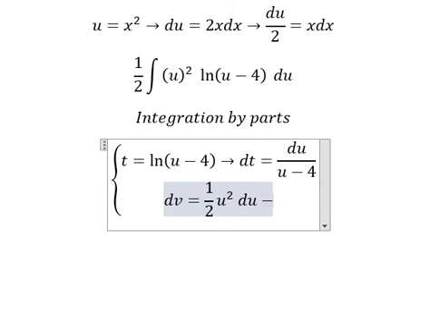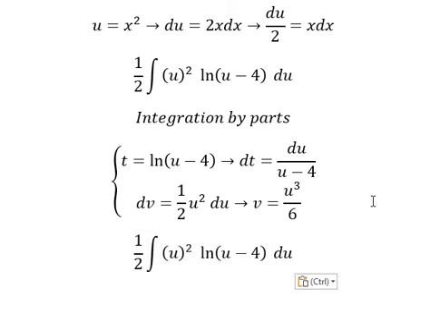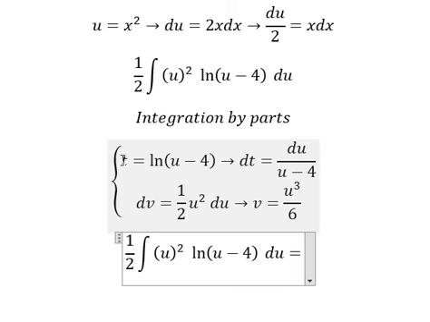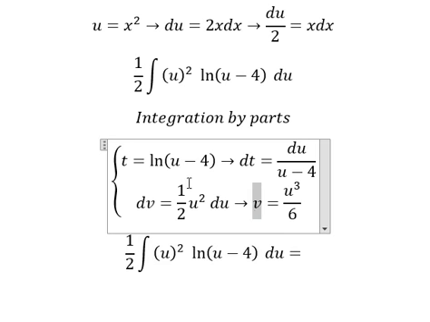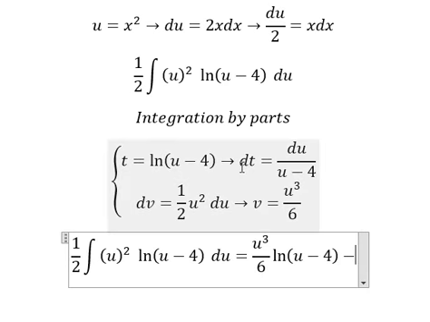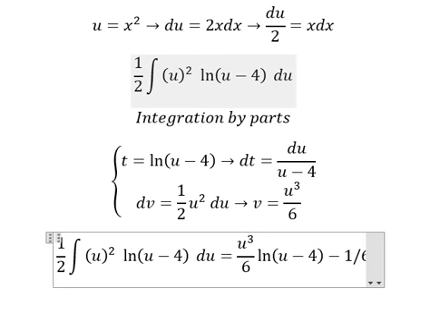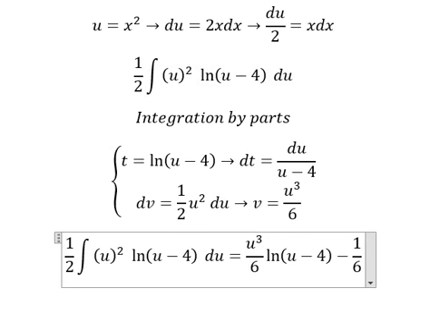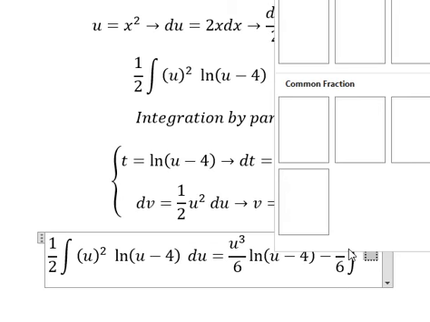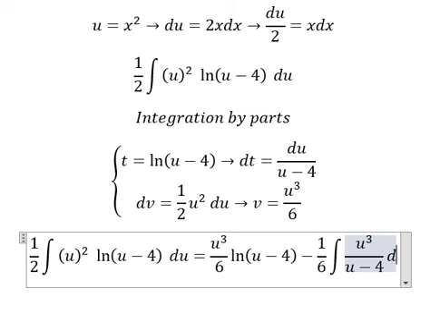So the integration of this one, we have v equals u to the power of 3 over 6. So we have t multiplied by v minus the integral of dt multiplied by v. So we have 1 over 6, and we have the integration of u to the power of 3 over (u minus 4) du.